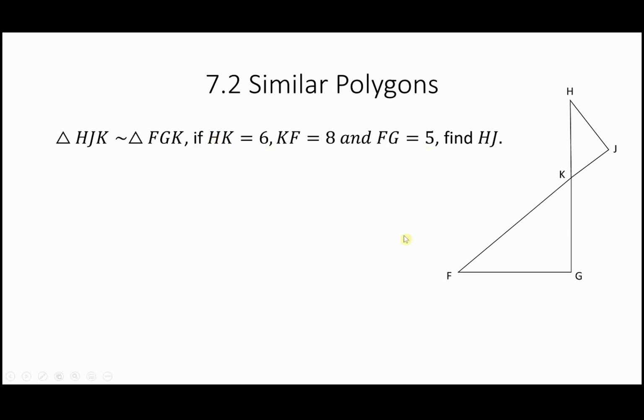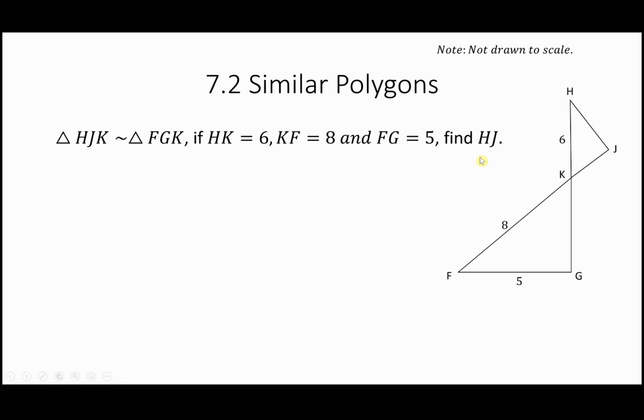HK, this distance right here, is 6 units. KF, this length right here, is 8. FG, from F to G, is 5. We want to use that information, noting that the triangles are similar, and exercise our notion of side lengths being proportional to find HJ, okay?